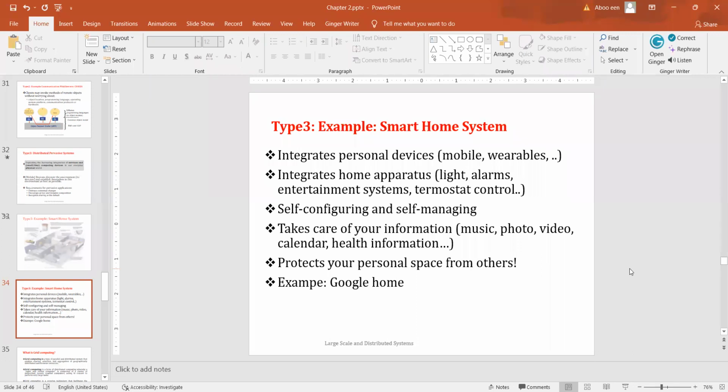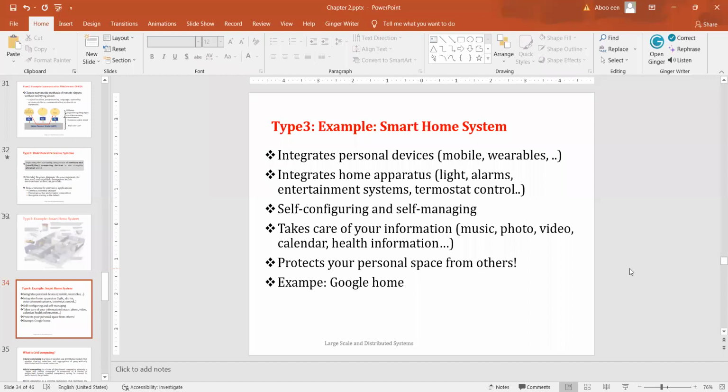Take care of your information like music, photos, videos, calendars, health information. So these smart home devices and systems take care of your information, like your preferred music. When you are in the entertainment place, it will automatically play your preferred music, photos, galleries, videos, films, your calendar schedules.